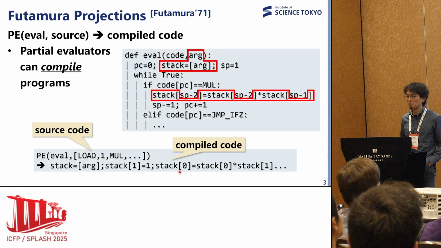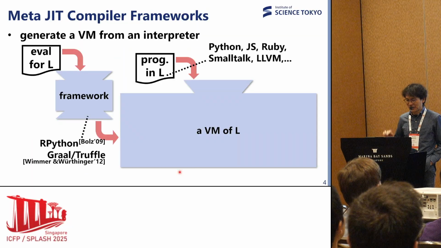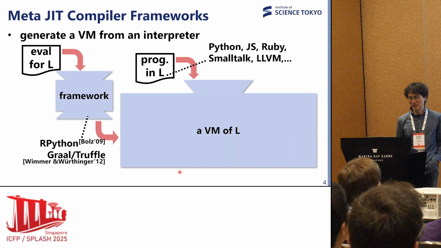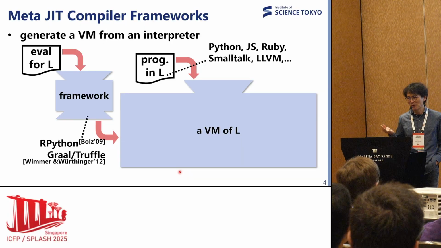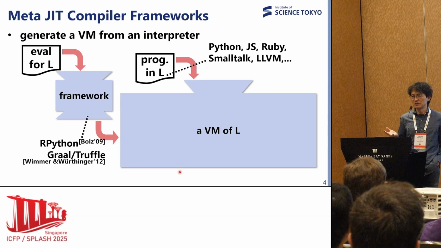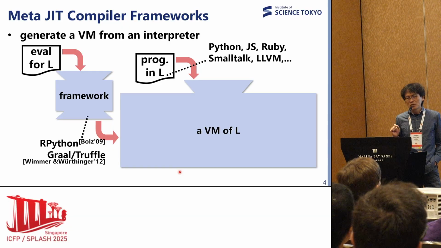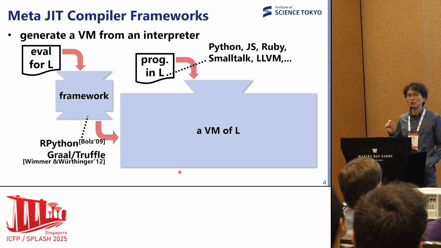Okay, so the introduction is over. Now, the next introduction is about meta-JIT compiler frameworks. Famous ones are known as RPython or PyPy and Graal Truffle. Those frameworks can generate a virtual machine from an interpreter description.